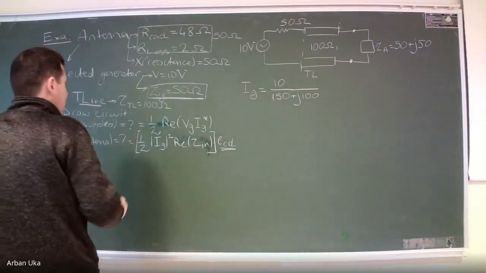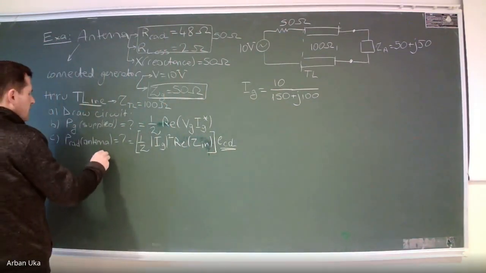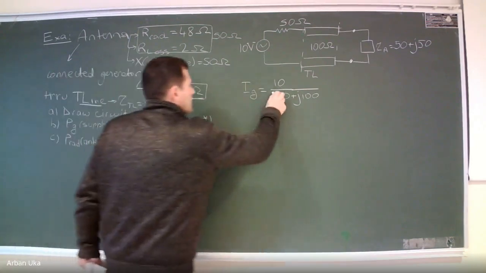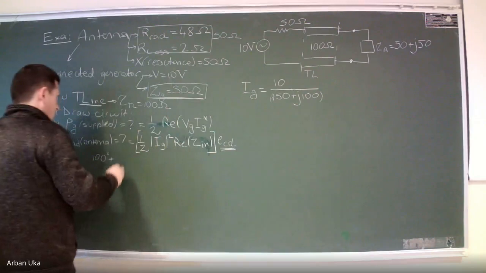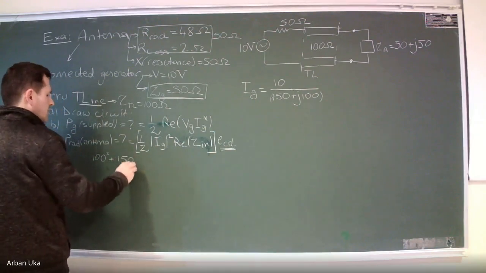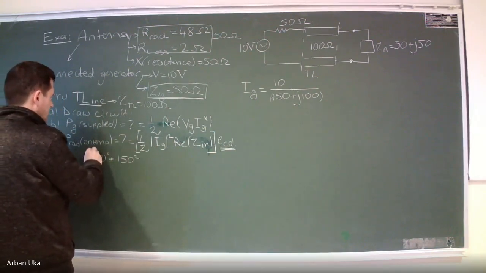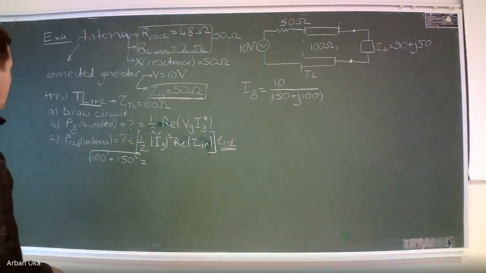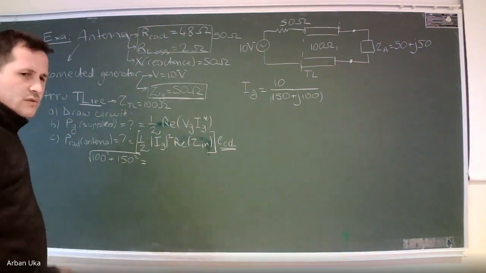So for 150 plus J100, the magnitude of this impedance is going to be something around. 100 squared is 10,000. Can someone calculate this one?